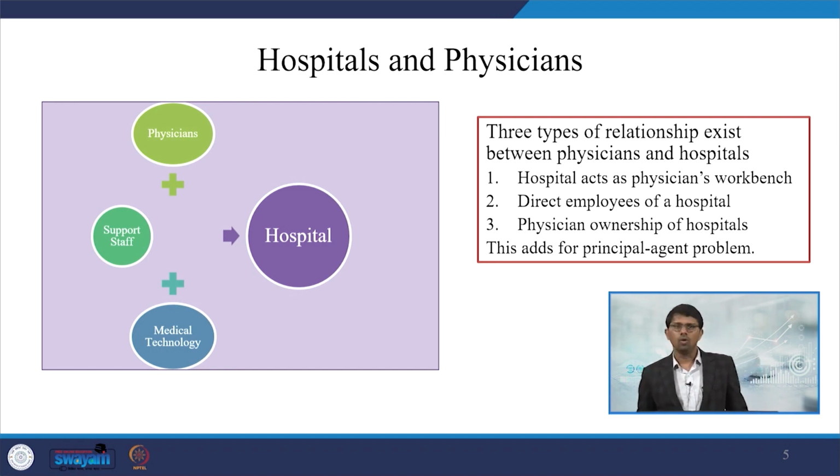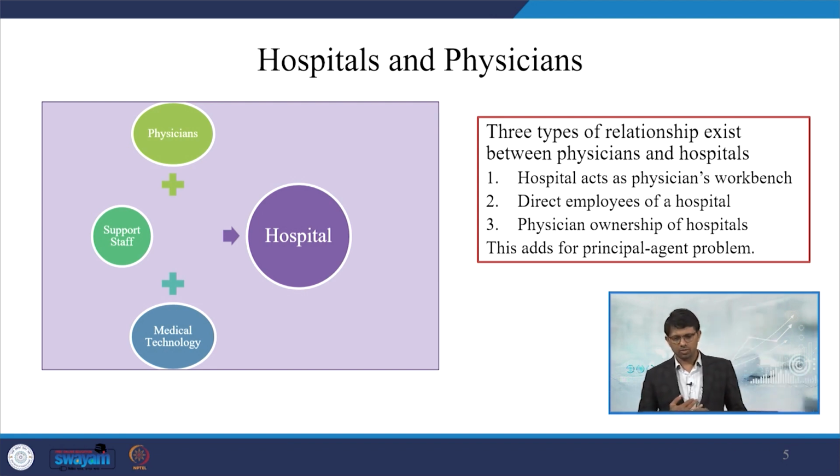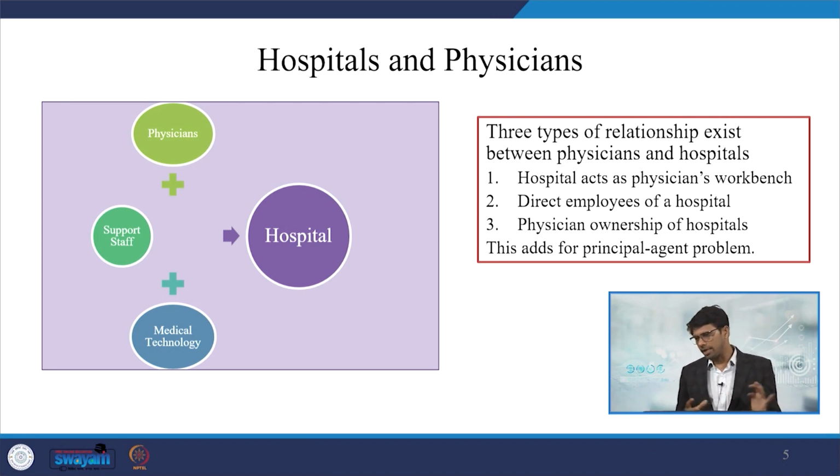All these lead to a possibility of a problem called the principal agent problem, where even if all are defined to be good, by virtue there is an eventual outcome called the principal agent problem, because some forms of decisions are taken by principals and some by agents.